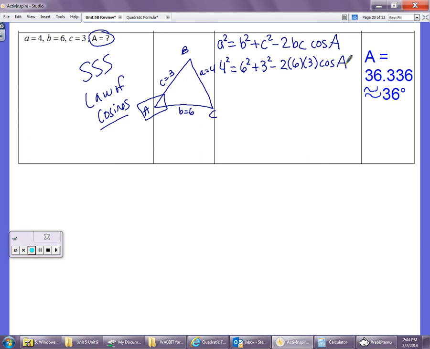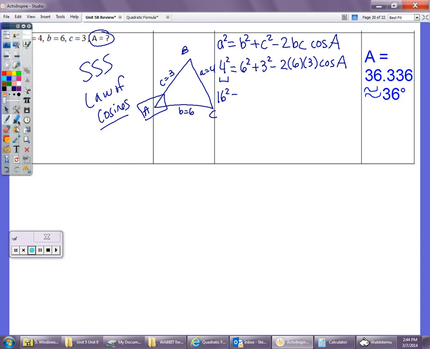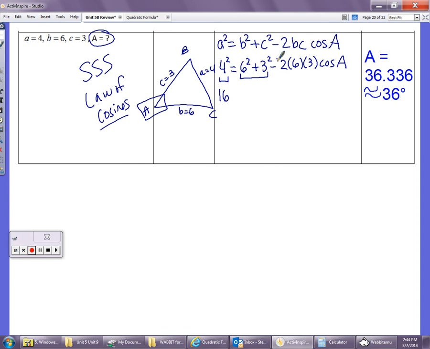Now you got to do each thing separately. So 4 squared is 16. You could tell I'm getting tired here. 6 squared plus 3 squared is really 36 plus 9, which is 45.